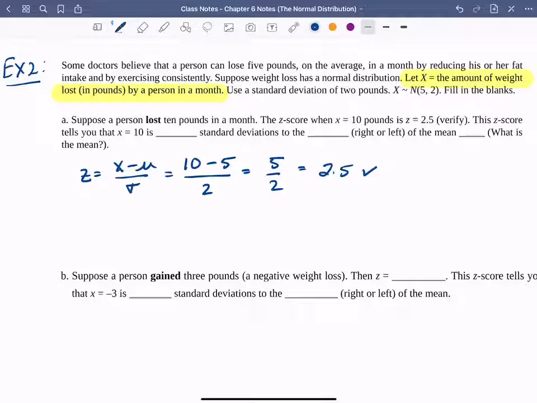So the z-score tells you that x equals 10 is 2.5 standard deviations to the right of the mean, which is 5.